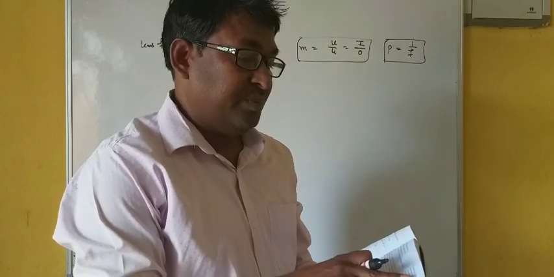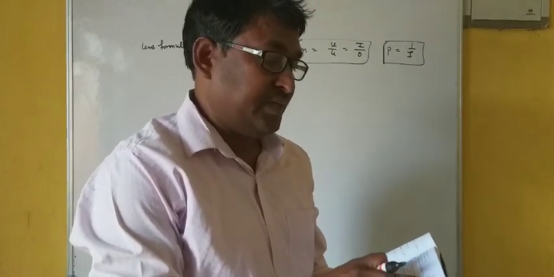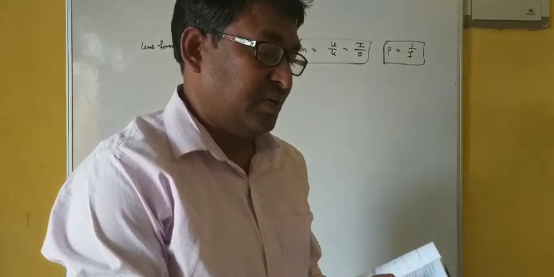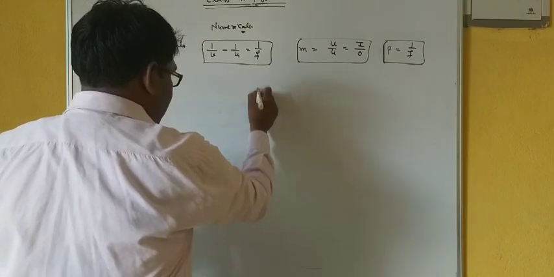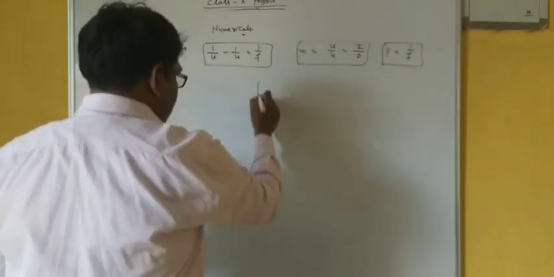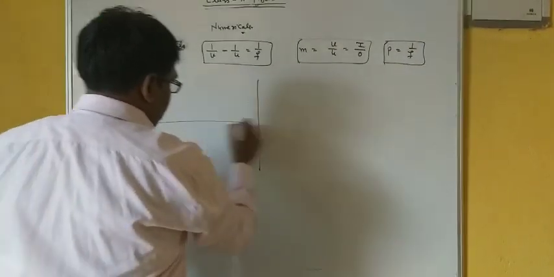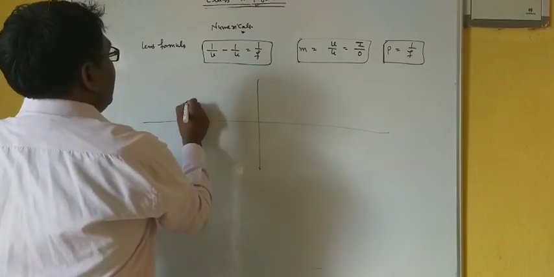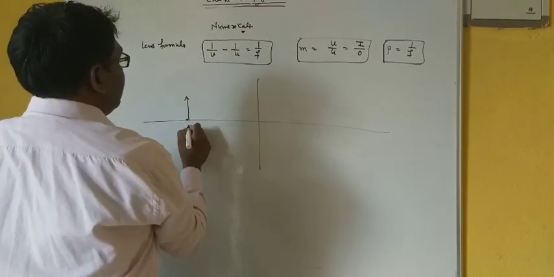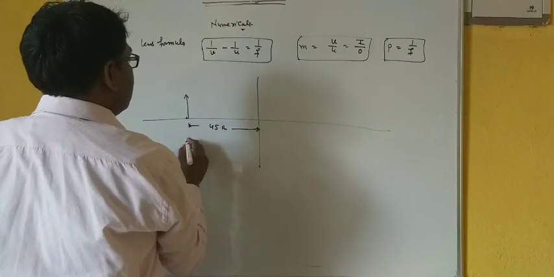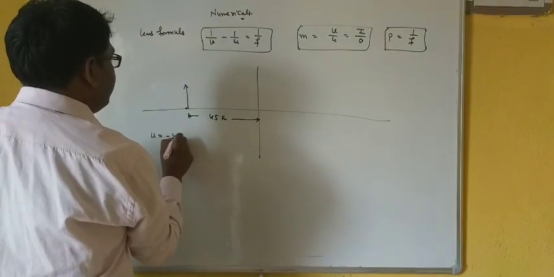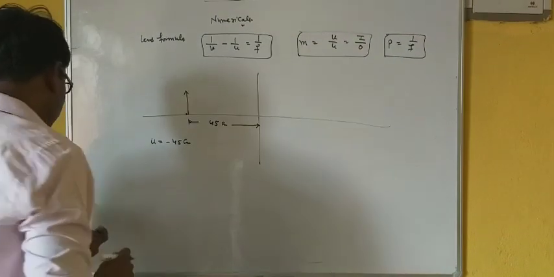Suppose there is a lens here, and the object is 45 centimeter from it, so u is equal to minus 45 centimeter.